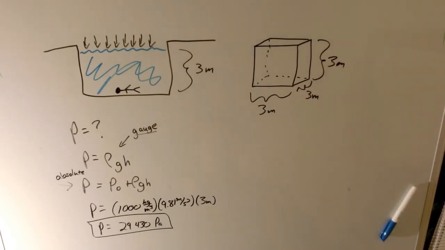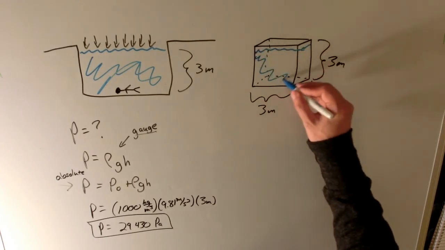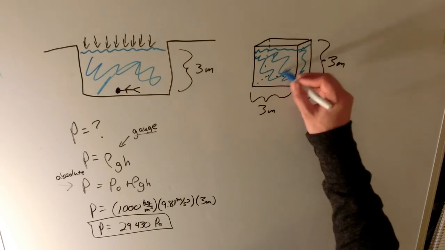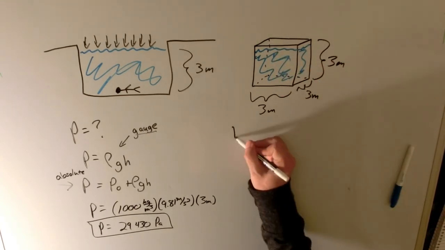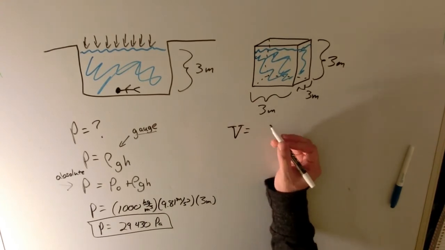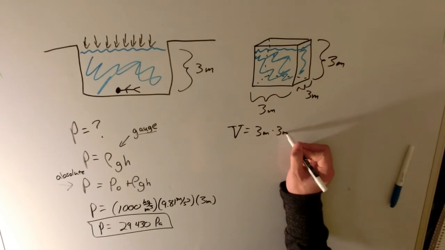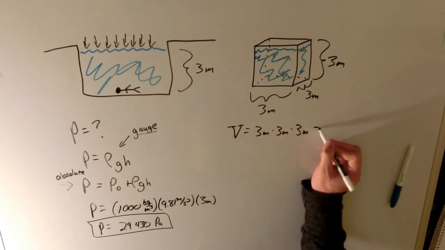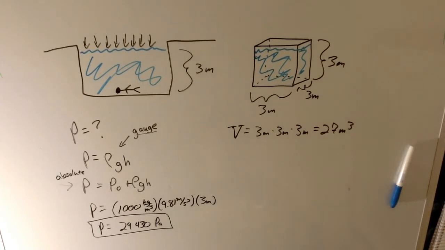And we're going to have it filled with water. So basically, we're going to be looking at 3 meters by 3 meters by 3 meters of water. Well, the volume of water is going to be, since we're dealing with a cube, 3 meters times 3 meters times 3 meters, which comes up to 27 cubic meters.